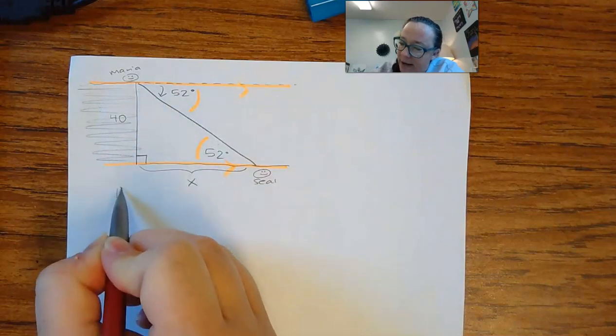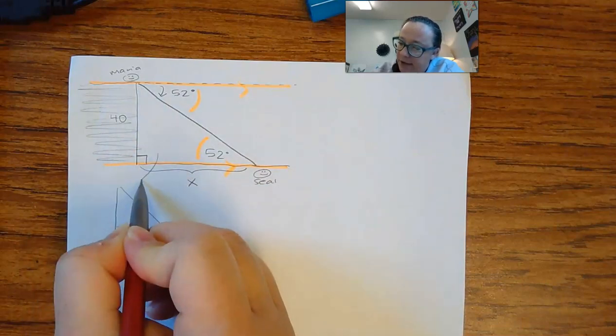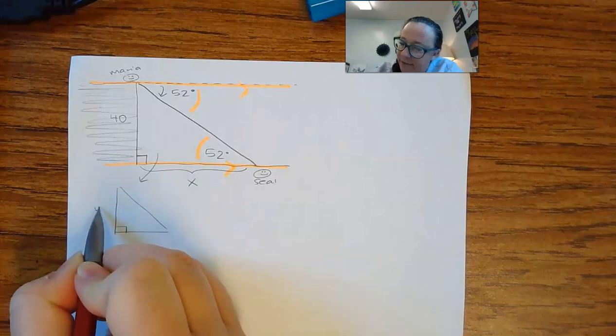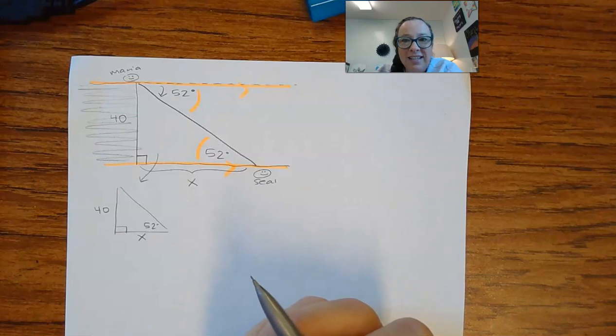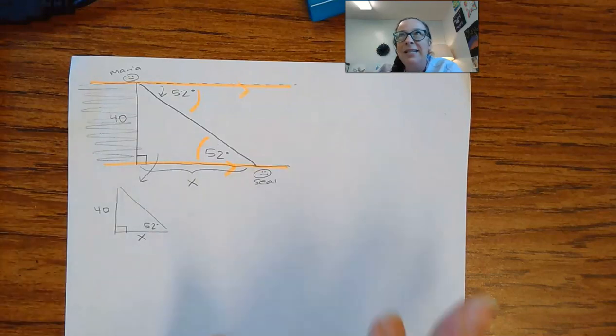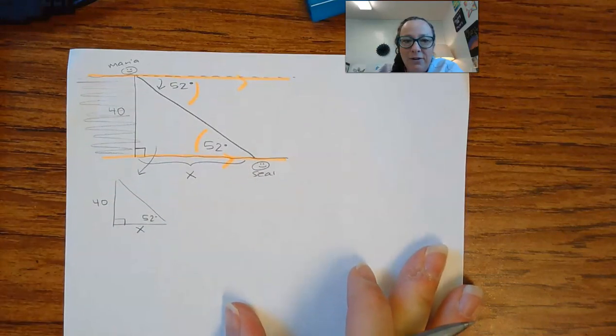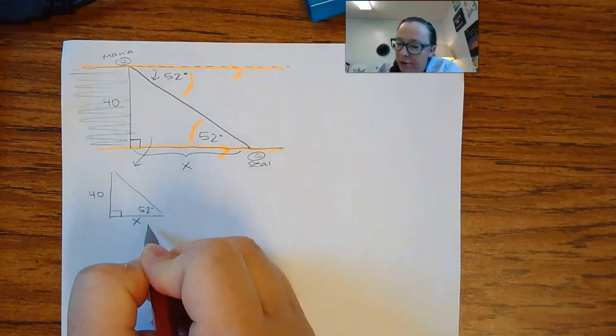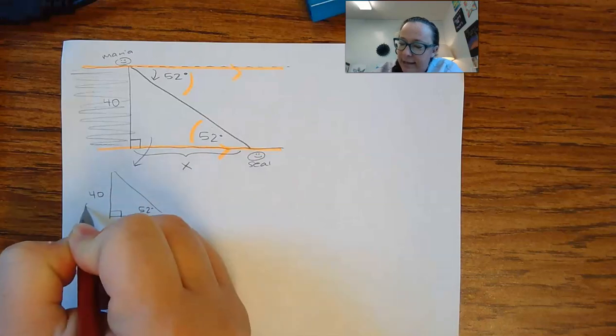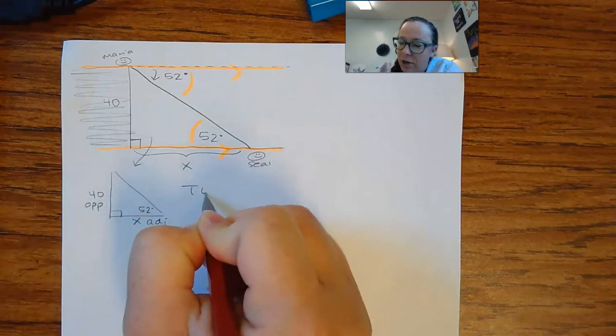All right, so now look what we have. We have a right triangle. I'm just pulling this off so you can see it different. That's got this of 40, this of 52 degrees, and this of X. We know how to do this. This was Monday's lesson. So which trig ratio will I use? Well, look at 52 degrees. This is adjacent, and this is opposite. So that's TOA.